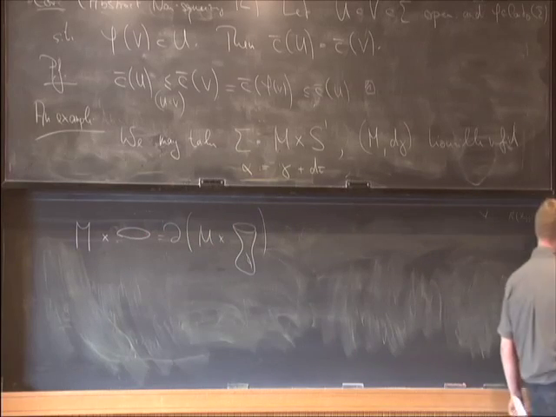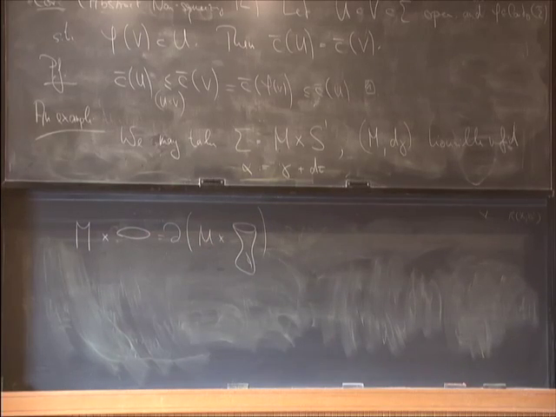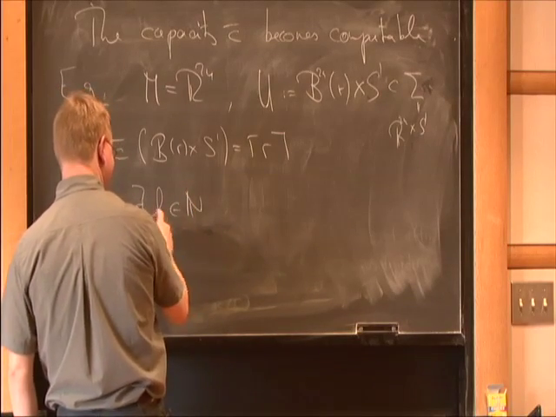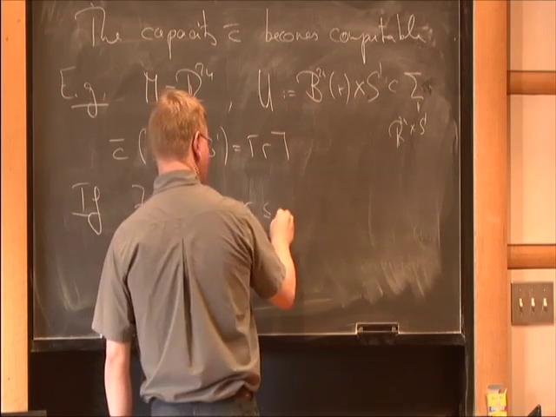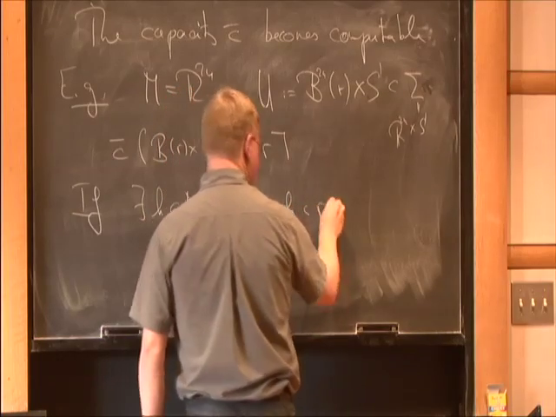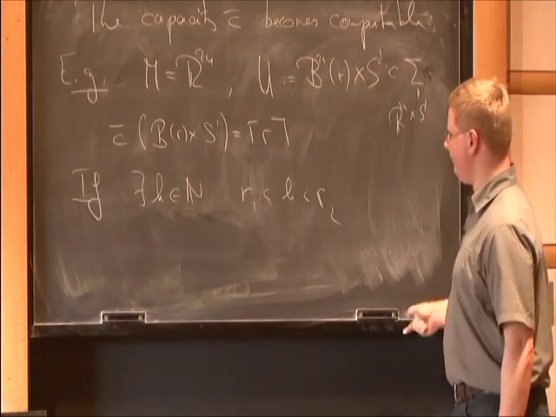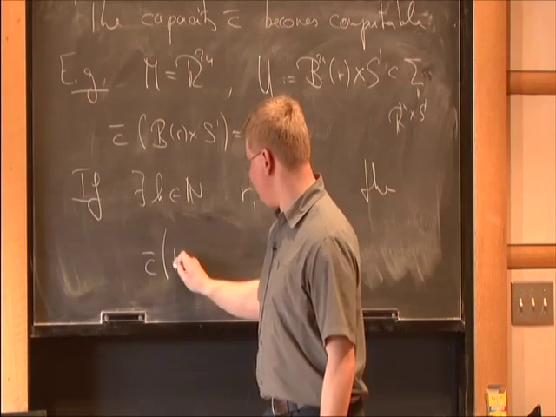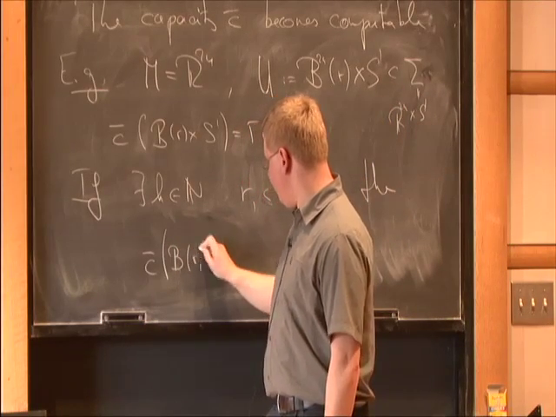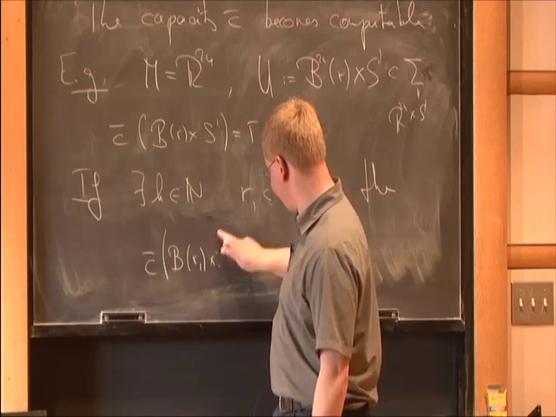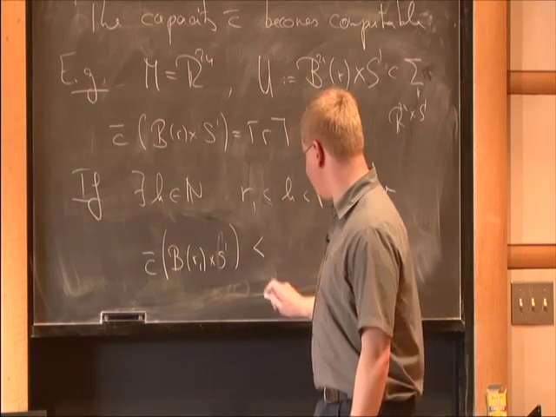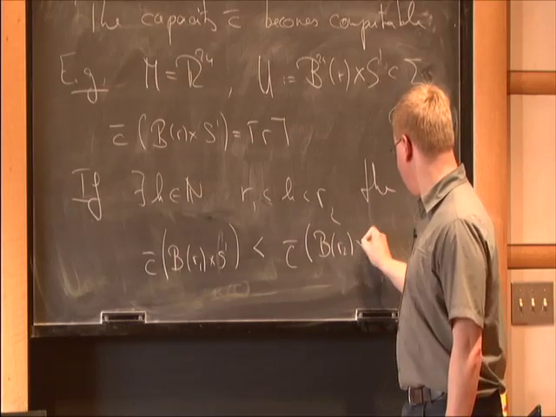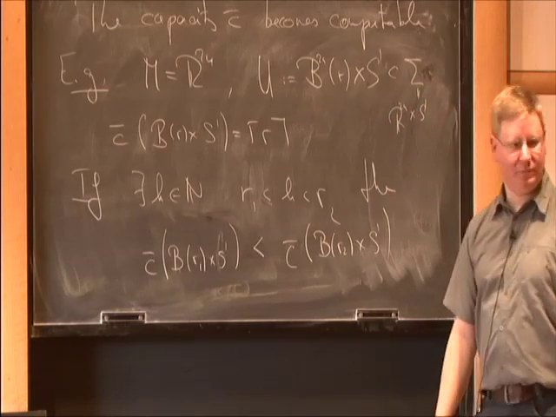So in particular, if there exists an integer k which sits between two radii, then C bar of the small ball cross S1 is strictly smaller than C bar of the large ball cross S1, right?